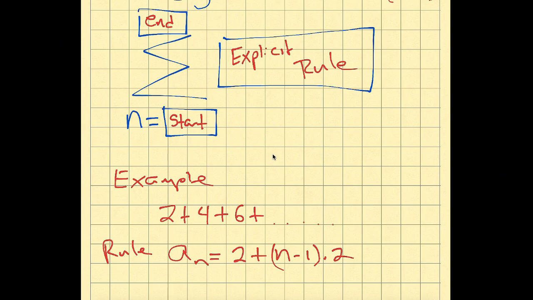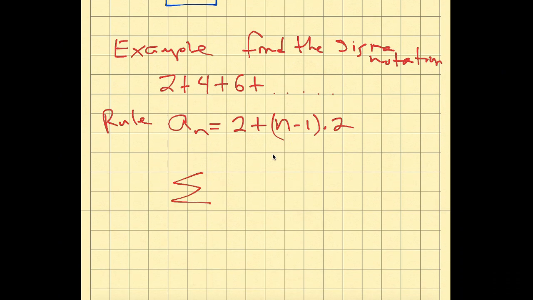Maybe it said to find the sigma notation. If we did the sigma notation on this, we start out with n equals 1, go to whatever number you want, maybe for the first 47 terms. How about that? To 47, and we have 2 plus n minus 1 times 2, and that would be our answer.